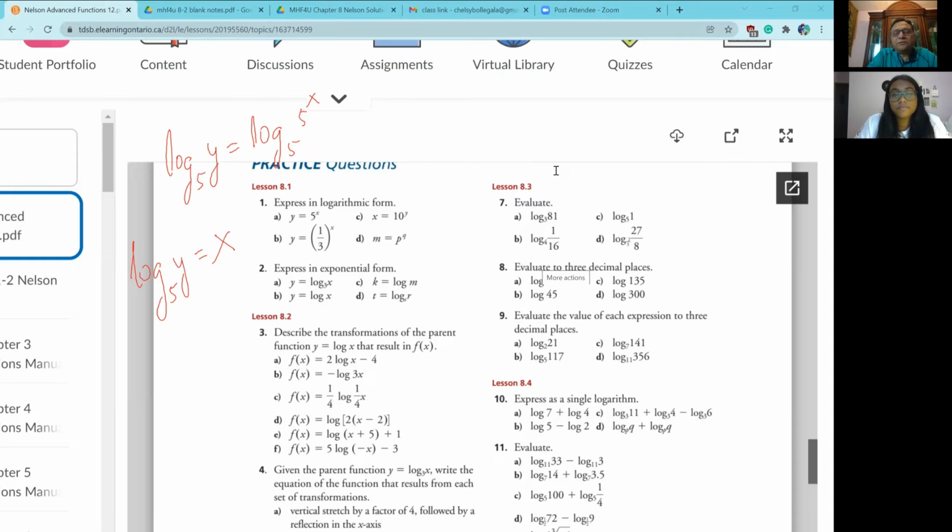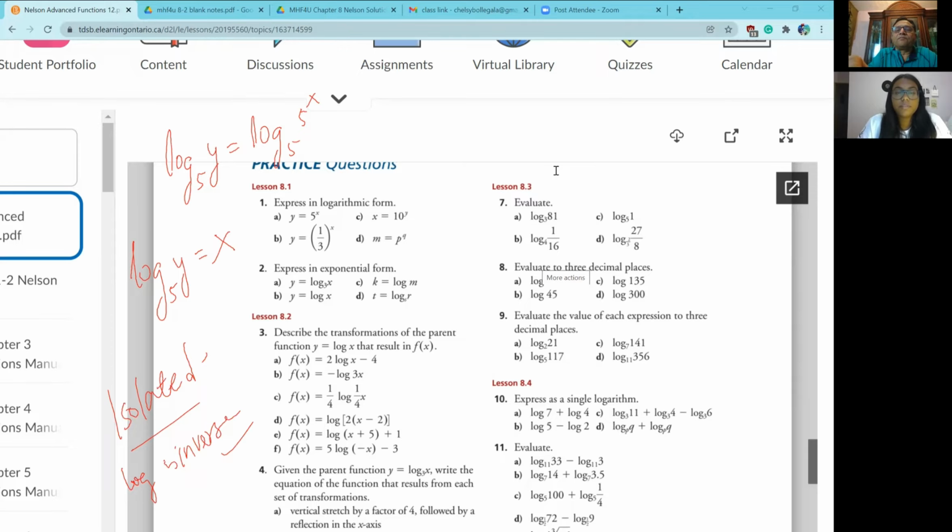So base is 5. Remember that. Base remains same. And we have isolated x in this process, by using the inverse function, logarithms, right? Log is the inverse. So log to the base 5 of y is x.